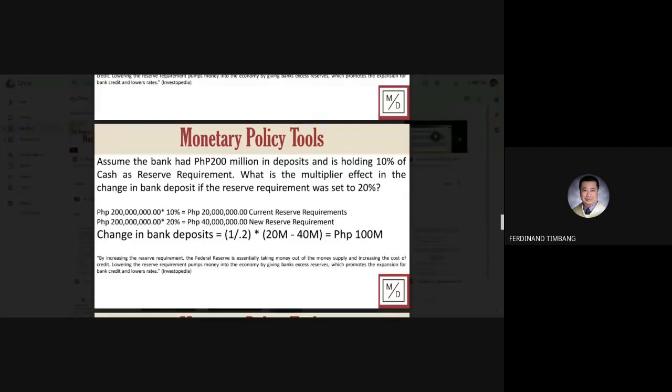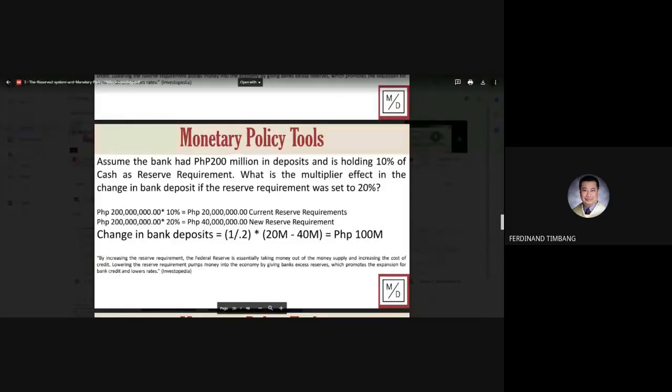Tatanggalin na sa circulation. Okay? O, kaya lumiit ang circulation ng pera. So, what will happen to interest rate? It will increase. And then what will happen to inflation? It will decrease. Okay, nandyan yung inflation targeting din nila.